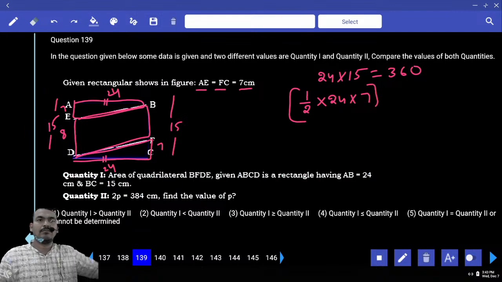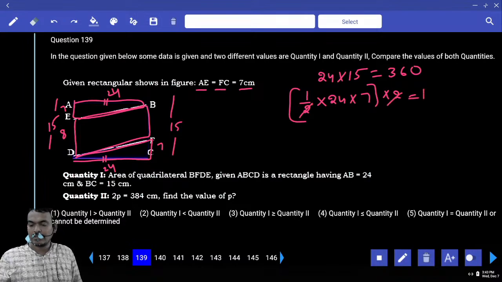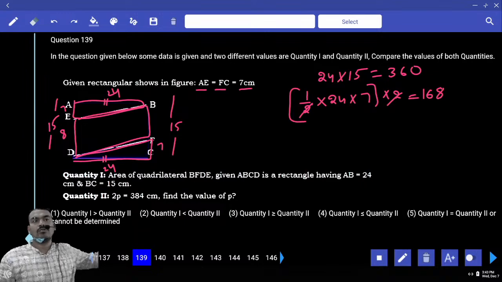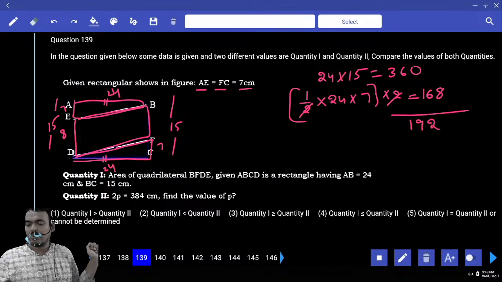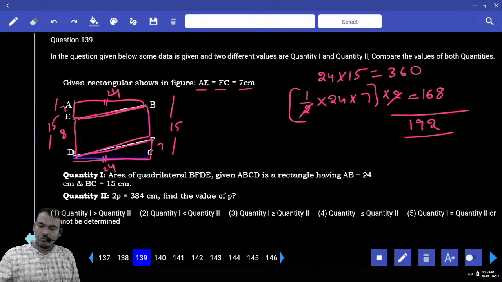Two, so multiplied by 2 times. The 2 gets cancelled. 24 sevens are 168. Out of 360 we subtract 168 and get the remaining portion area. That remaining portion is the quadrilateral BFDE area. What is the remaining portion area? 192. So the Q1 value is 192.